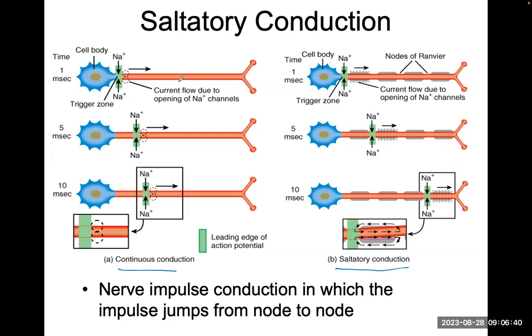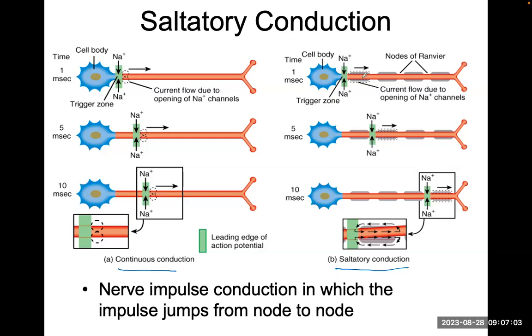You could see in this unmyelinated neuron, at each step of the way, we have sodium rushing in, depolarization happening at each step of the way along the axon. And in around 10 milliseconds, look where the action potential is during continuous conduction.